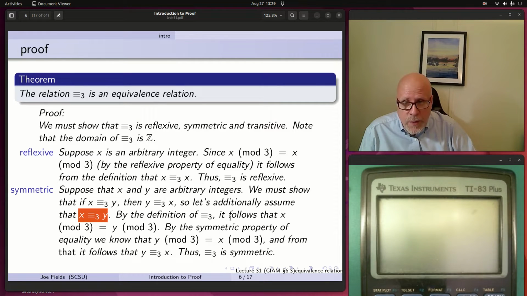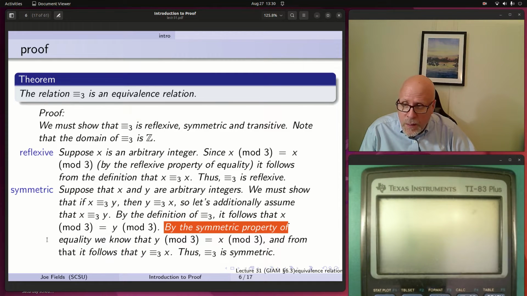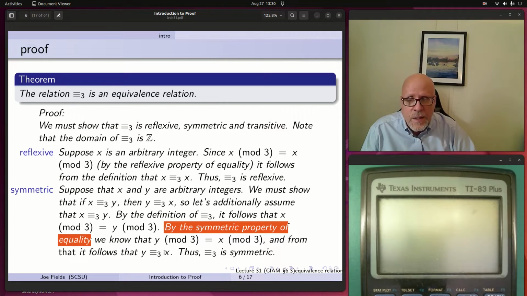By the definition, it follows that x mod 3 is equal to y mod 3. Great. Now we use the symmetry property of equality, and it says so right up there. By the symmetric property of equality, we know that y mod 3 is equal to x mod 3. And from that, it follows that y is related to x, that is, y is equivalent mod 3 to x.